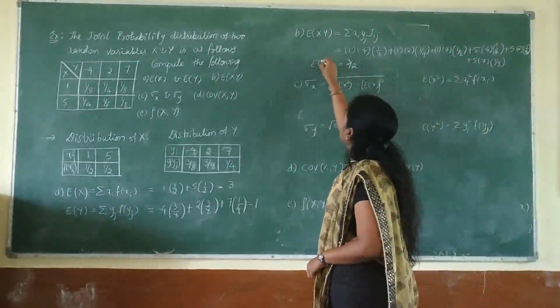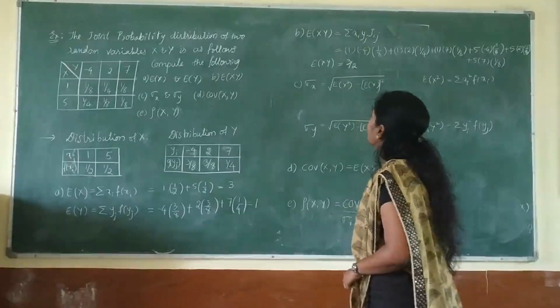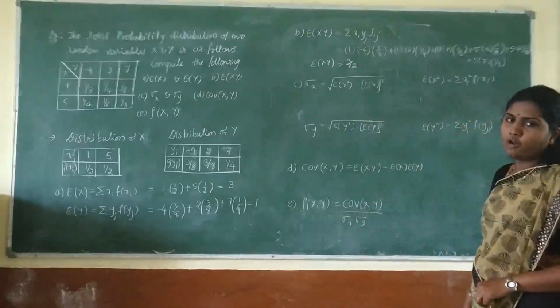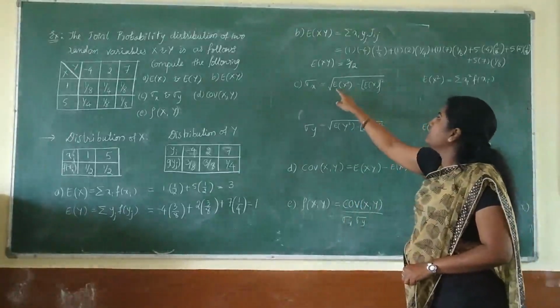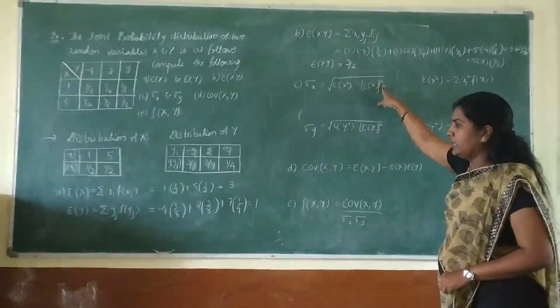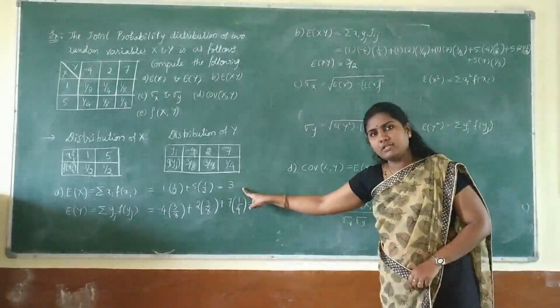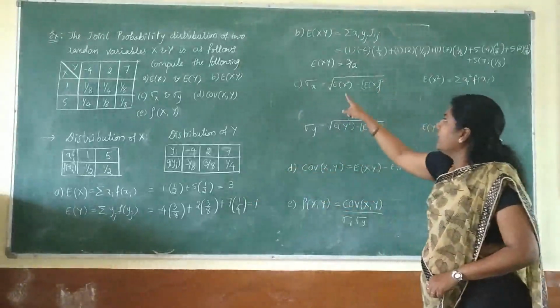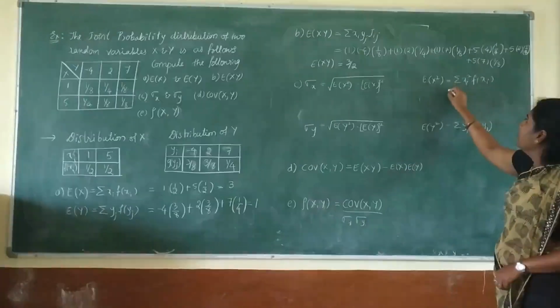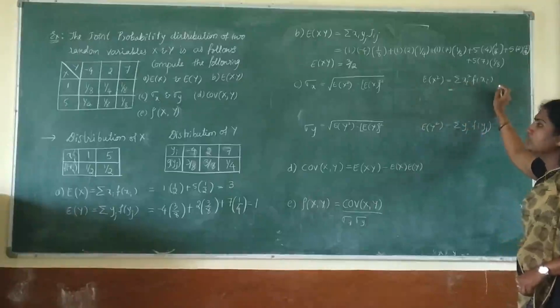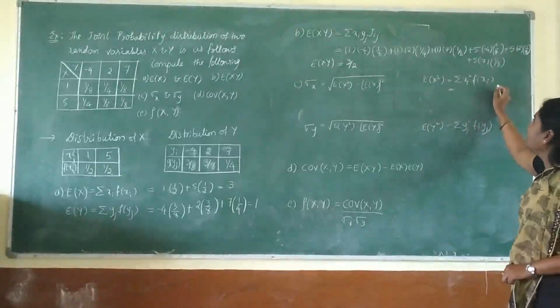Next we will find SD. First, SD of x, sigma of x. To find sigma of x, first E of x whole square, we know that. That is nothing but expectation of x, and it's already obtained. Next we need E of x square. We find this by the formula, summation of xi square into f of xi.